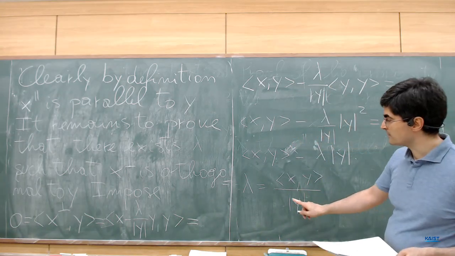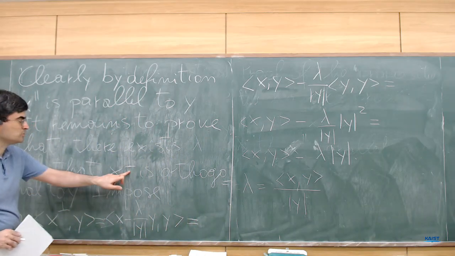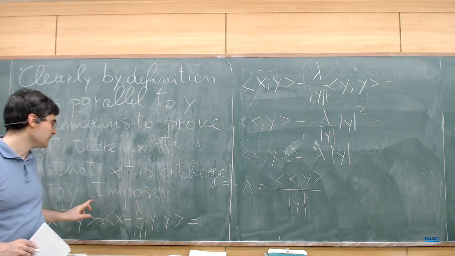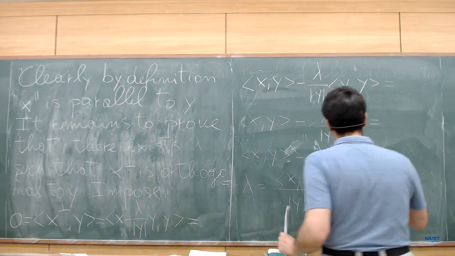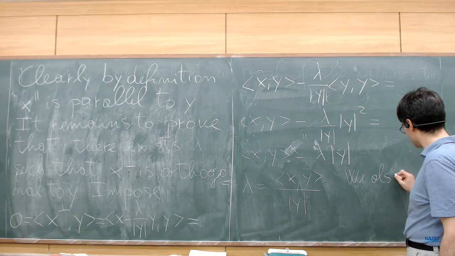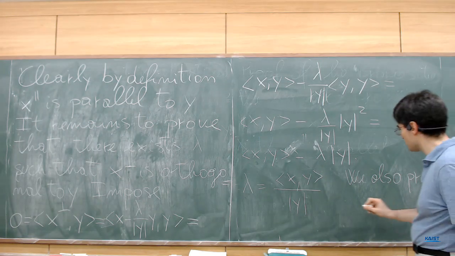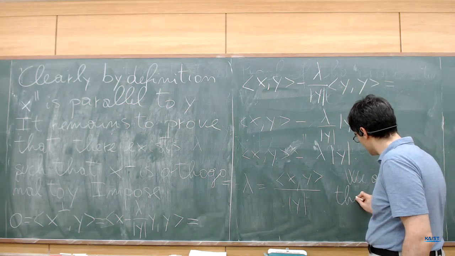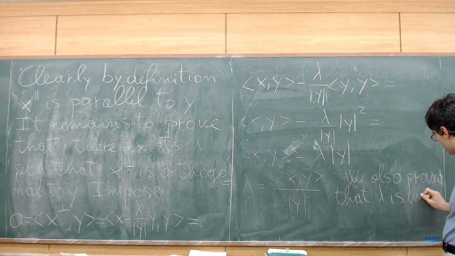So we found the value of lambda such that x orthogonal is orthogonal to y, and we also proved that lambda is unique.